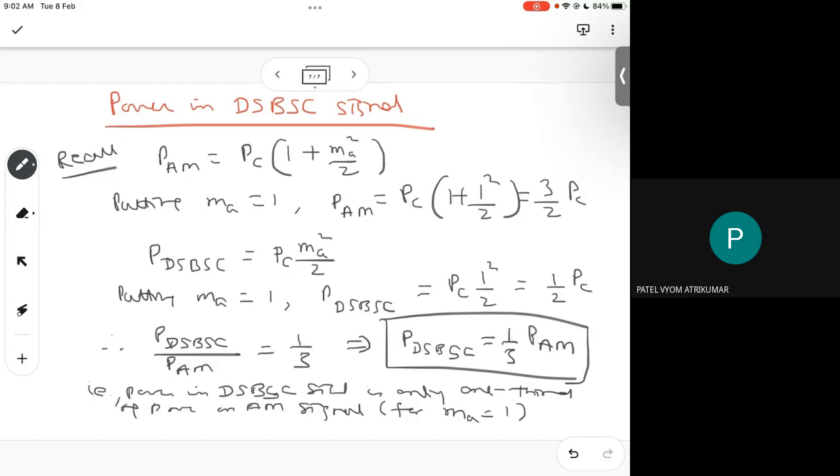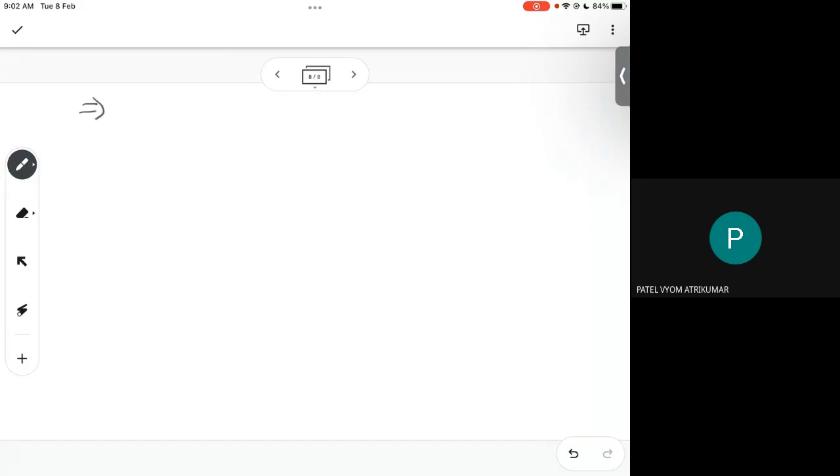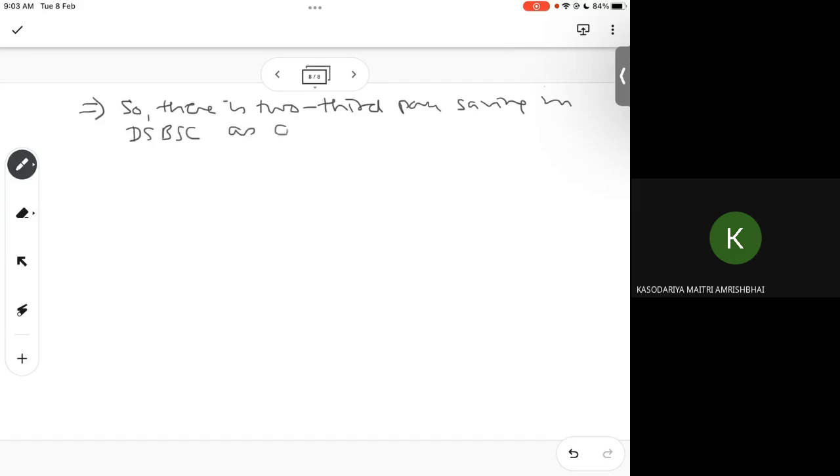Almost 2/3 of the power is saved. So I can write down here, there is 2/3 power saving in DSBSC as compared to AM. So that is the total power saving.